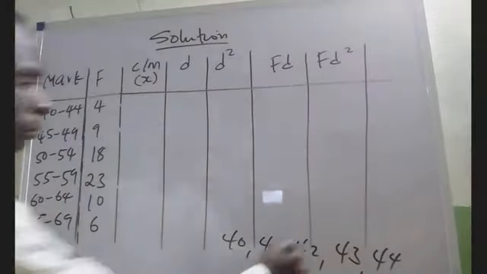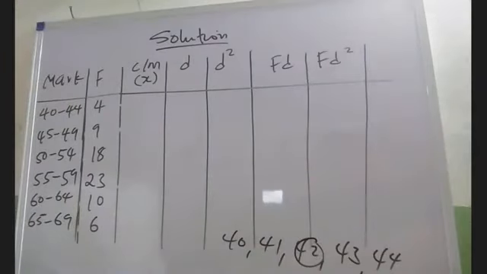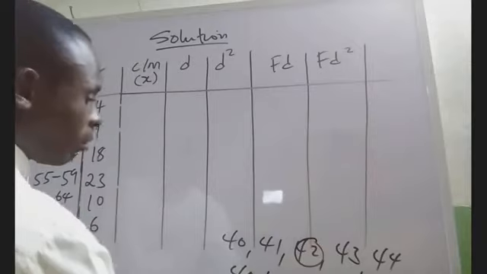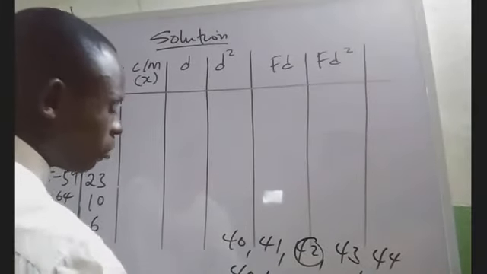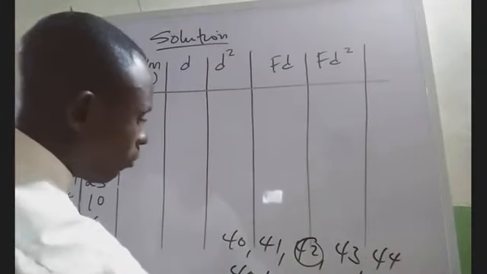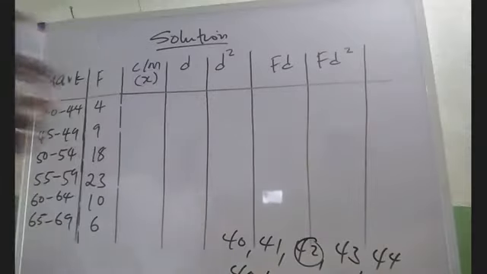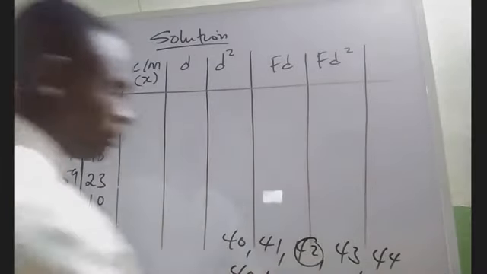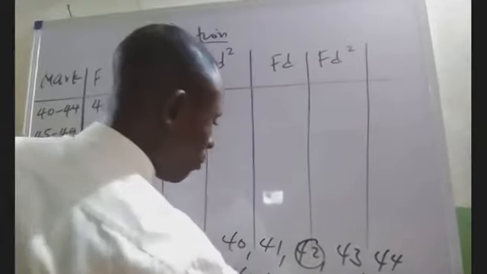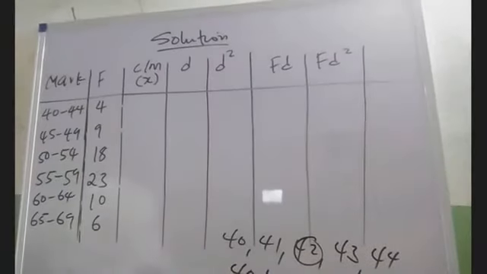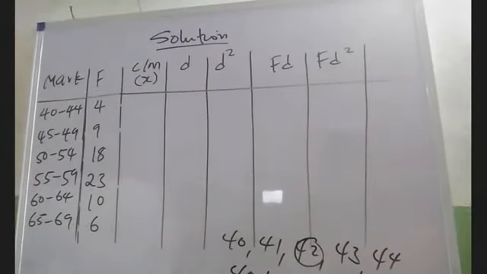So the median is 42. So that is how you get the median. Alternatively, you can say 40 plus 44 over 2. That would be 84 over 2, and that would be the same thing as 42. So you can use any of the methods to get the median.